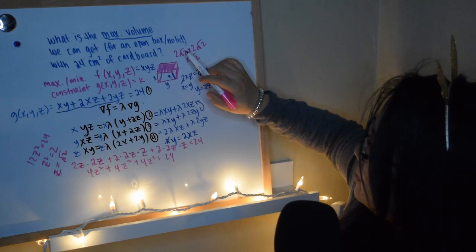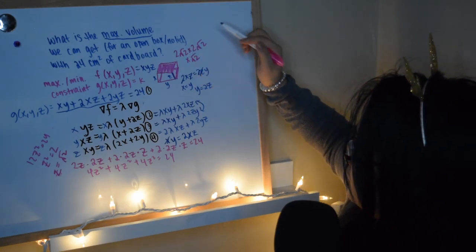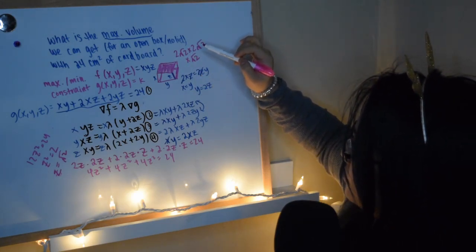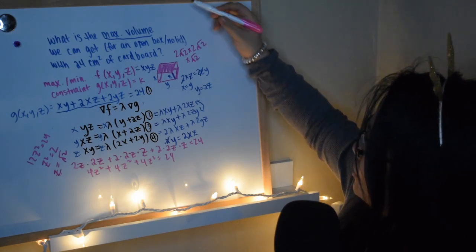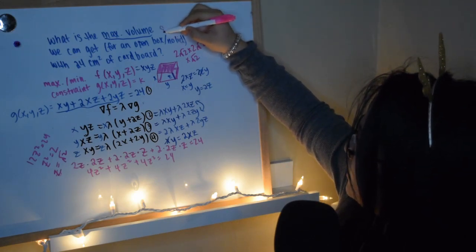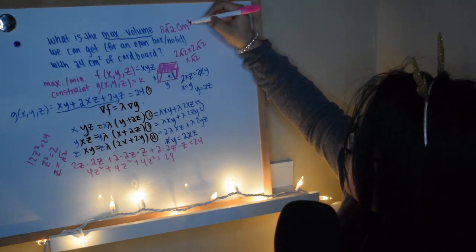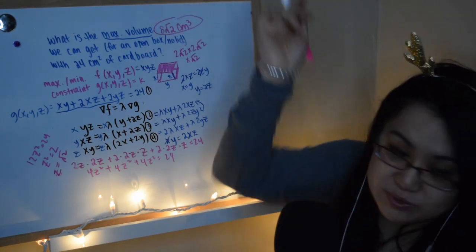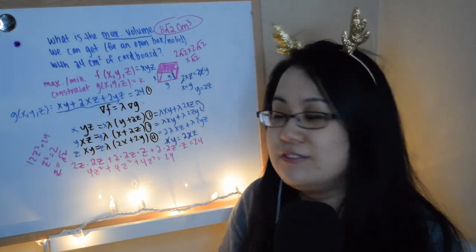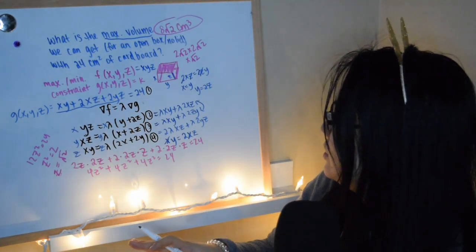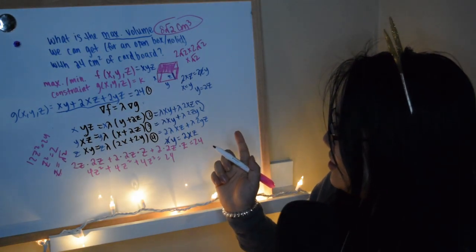So that volume is going to be root 2 times root 2 is 2, times 2 times 2 is 8 root 2. So 8 root 2 cubic centimeters is going to be our answer. What a disaster. Okay, so I think that is right.